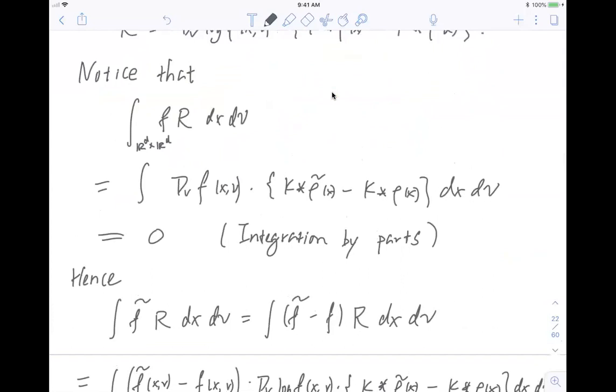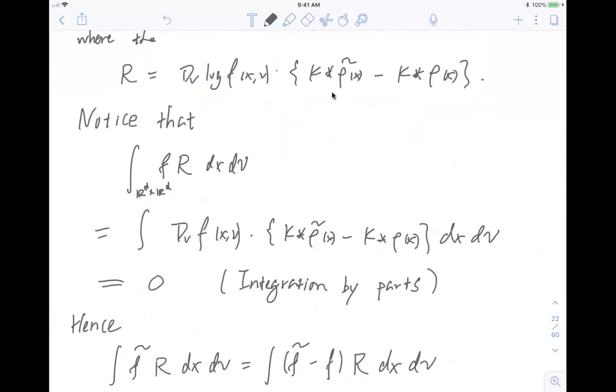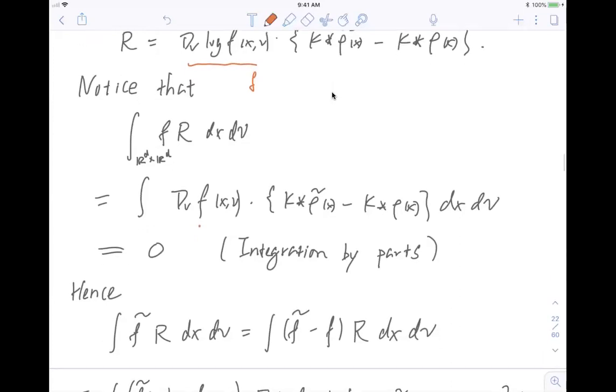We multiply F with this term, so we get the gradient in V of F. Since the derivative is only on the velocity variable, the V variable, integration by parts, of course with some certain assumptions, but that's not a big deal, gives that this whole term vanishes.